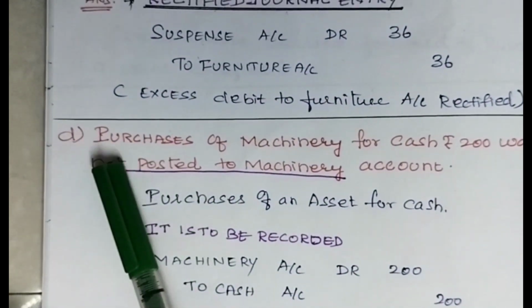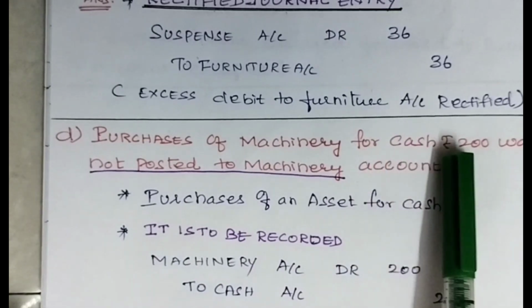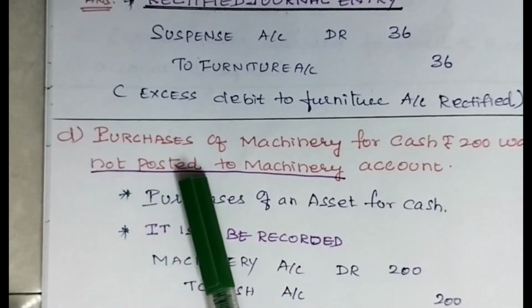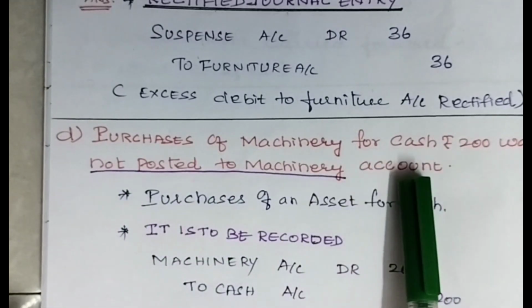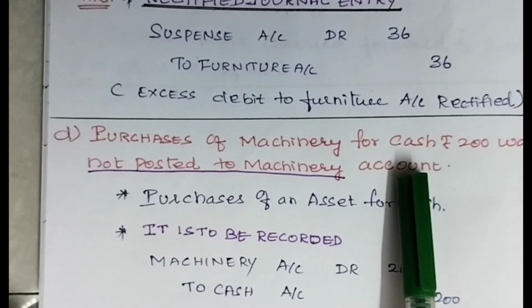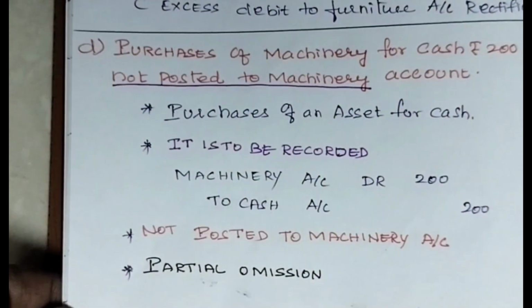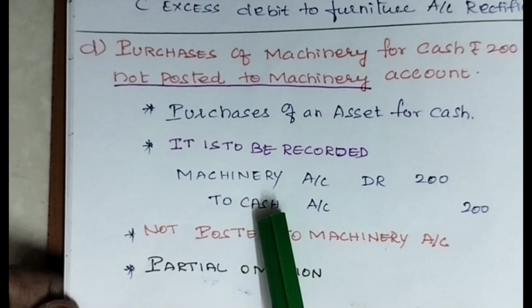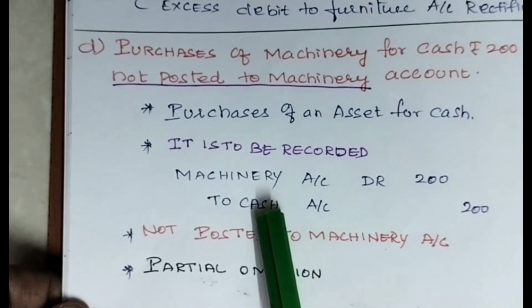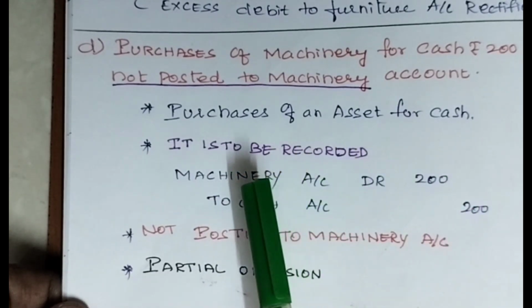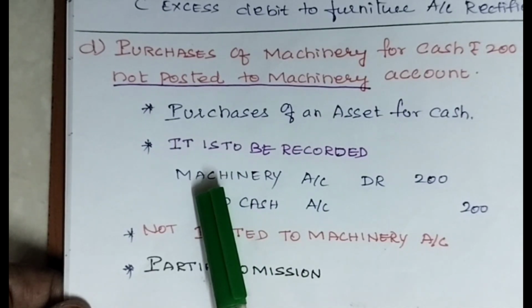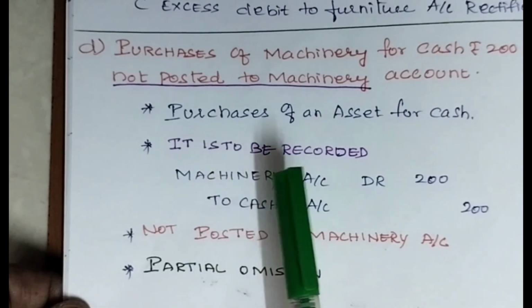What they tell us is that the purchase of machinery for cash, rupees 200, was not posted to the machinery account. So an accountant posted the cash account, but forgot to post the machinery account.